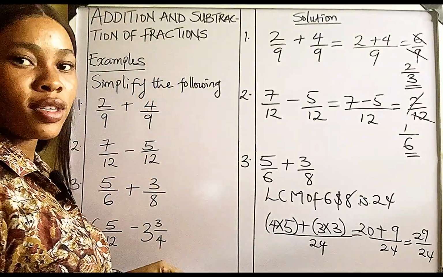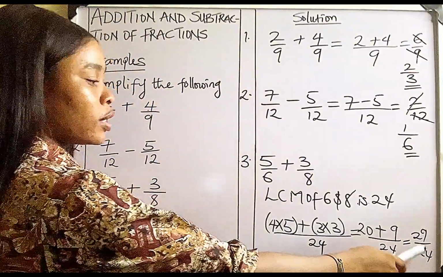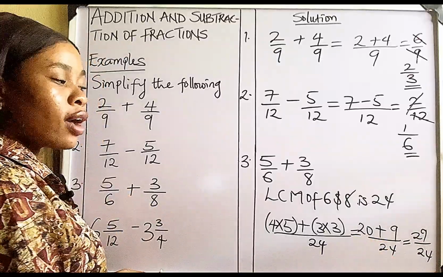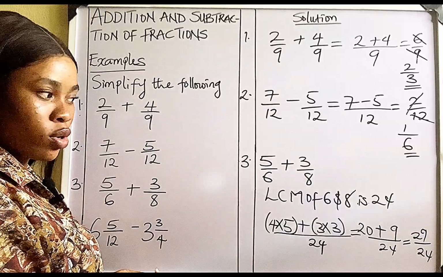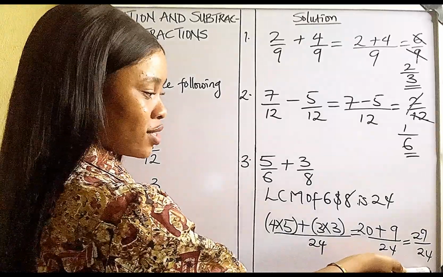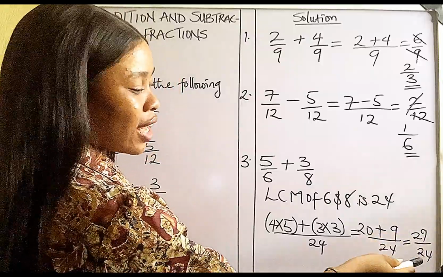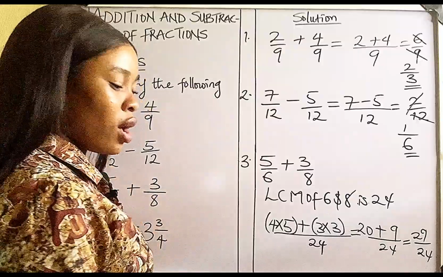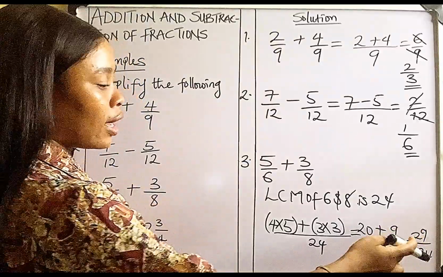Now you can see that we've arrived at 29 over 24. Can we say this is our final answer? No. Why? Because this is an improper fraction. You can see that the numerator is bigger than the denominator, so it is not proper for us to give our answer like this.